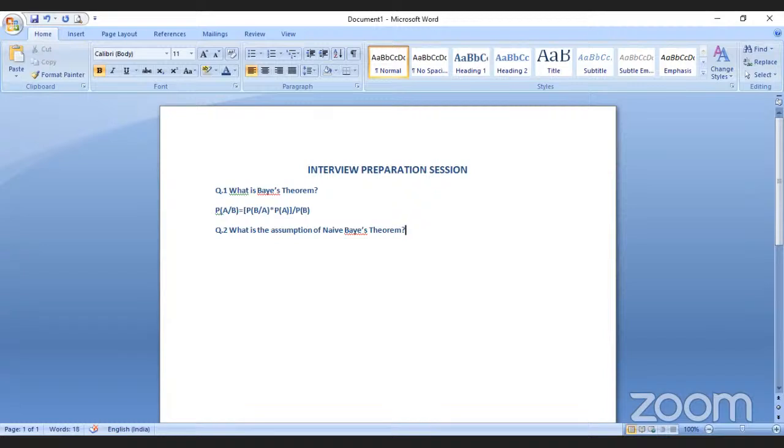The fundamental assumption of this theorem is that each independent variable is independent and equally contributes to the outcome. So every variable is independent and they contribute towards the outcome of the total. That is the main assumption of naive Bayes theorem.